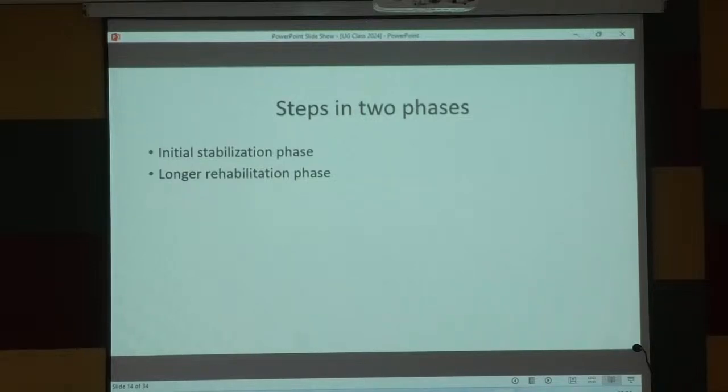What stabilization is needed? This is very important. These babies have no stock or poor stock or nil stock of glycogen in the body.